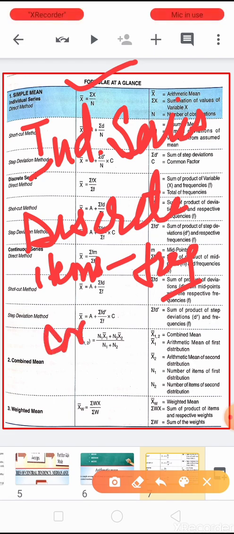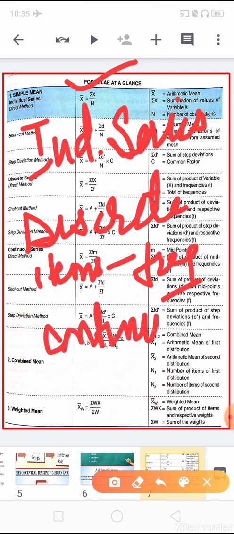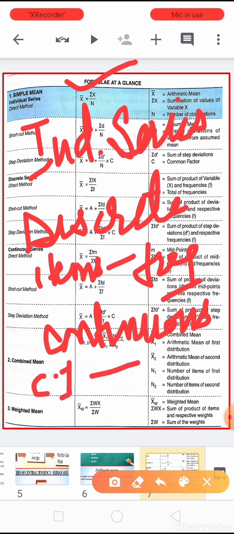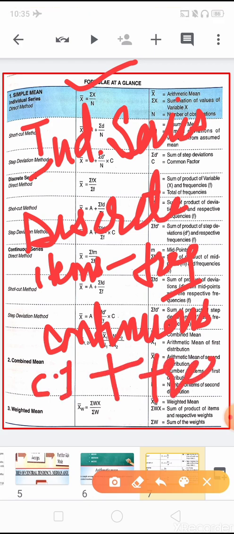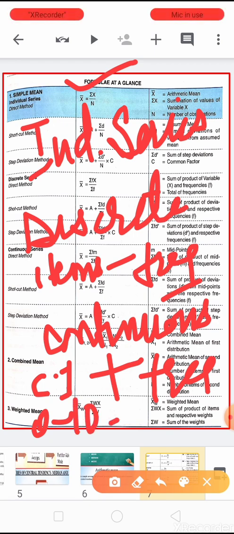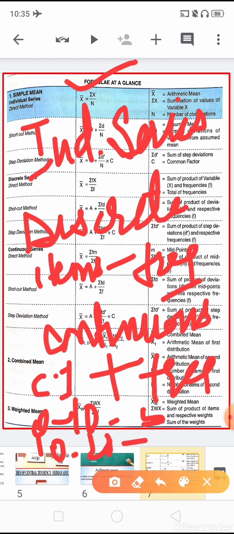The third one is your continuous series, and in continuous series you are going to learn the class intervals along with the frequency. Like class interval starting with 0 to 10, the frequency is, let's say, 5. 10 to 20, their frequency is like 2. So this is called your continuous series. Kind of continuity you are observing here in the class intervals, like it's 0 to 10.